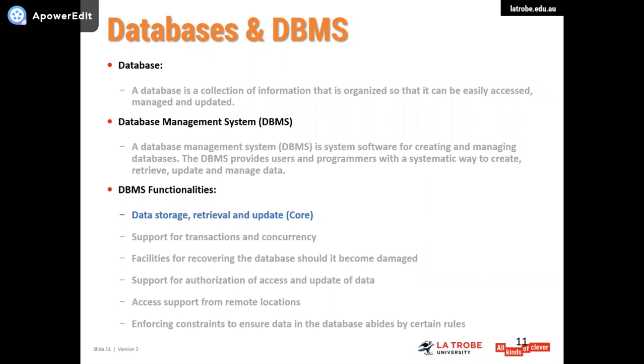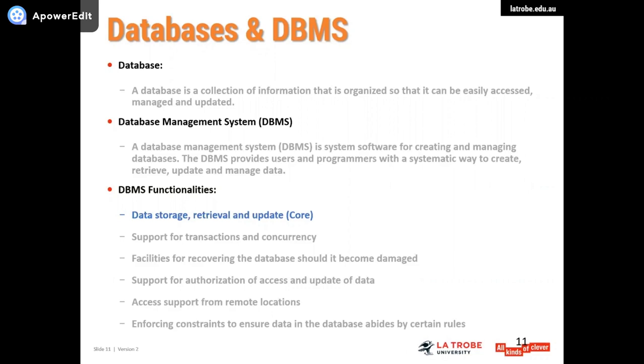The DBMS provides users and programmers with a systematic way to create, retrieve, update, and manage data. Here you should remember that a DBMS is system software, not application software. So it may be different from what you thought. That's what you should bear in mind.